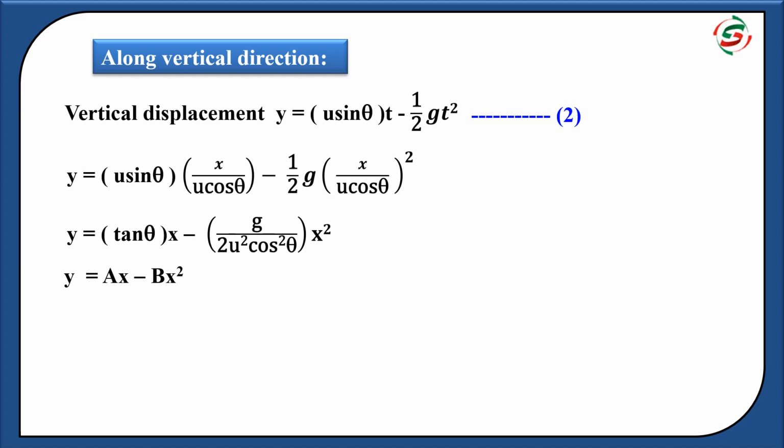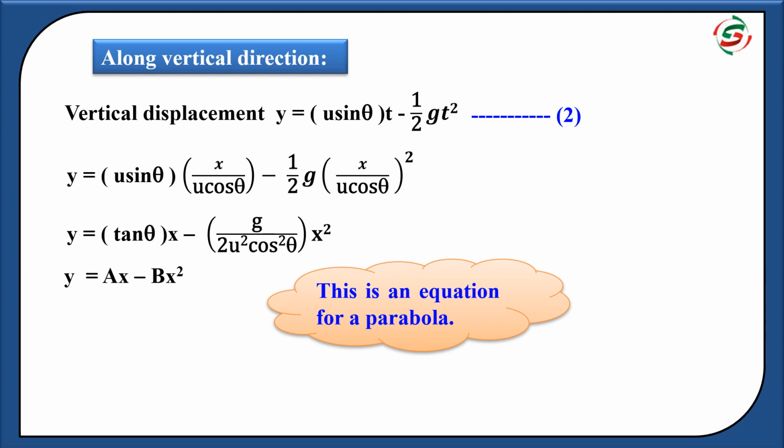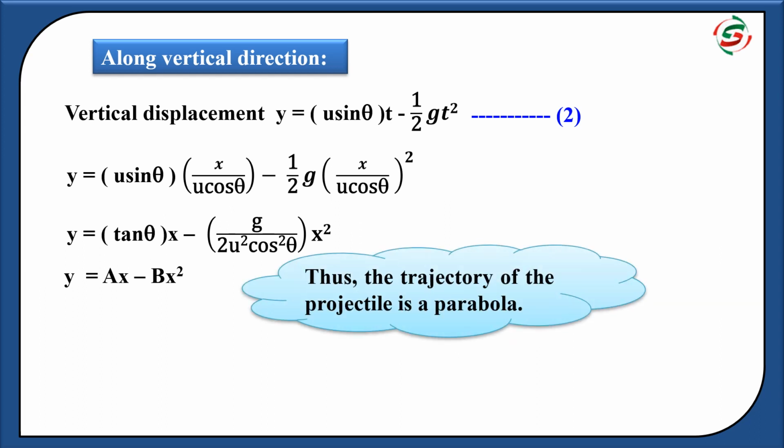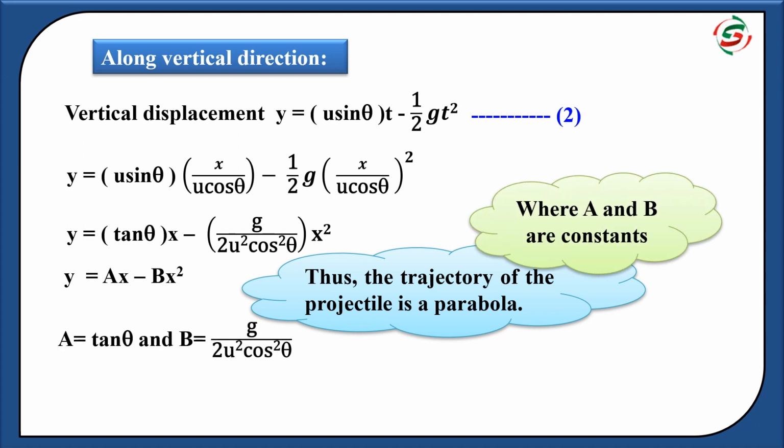So it represents an equation of a parabola, y is equal to ax minus bx square, where a is tan theta and b is g by 2u square cos square theta. So this is an equation for a parabola. The trajectory of the projectile is a parabola.